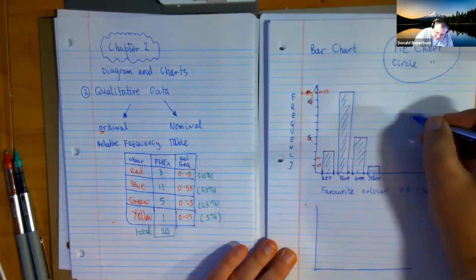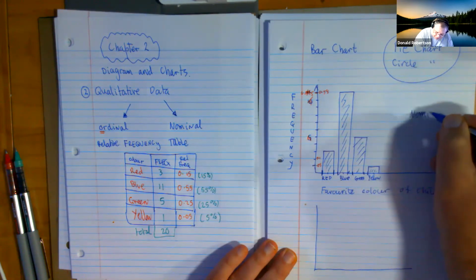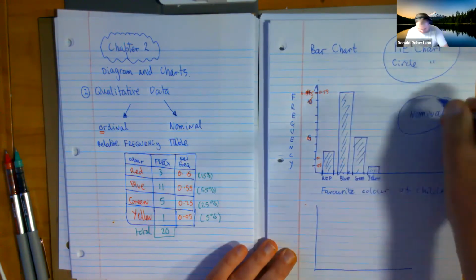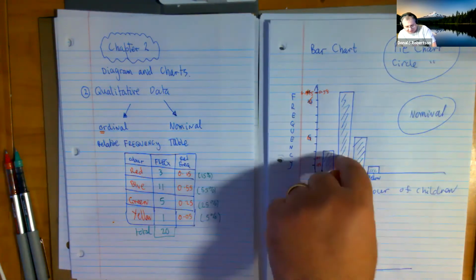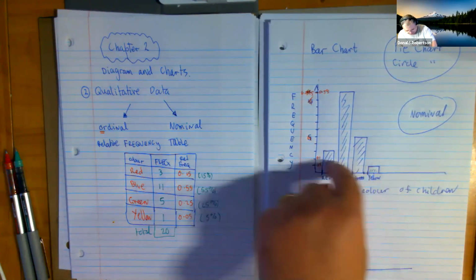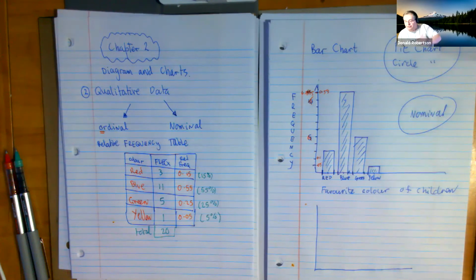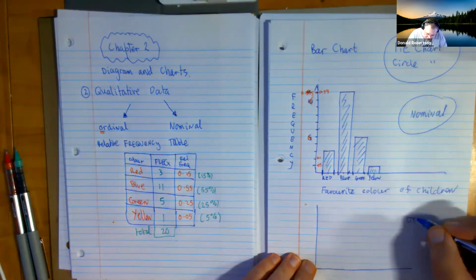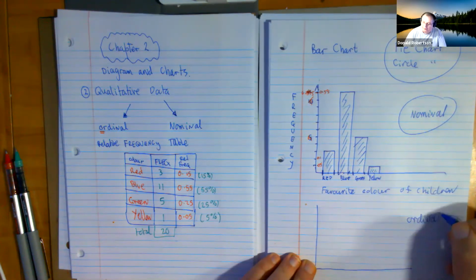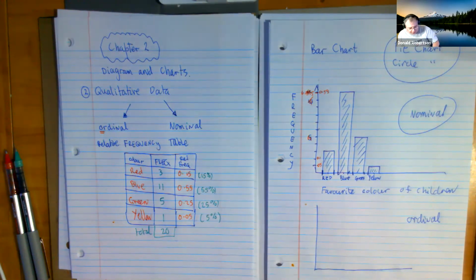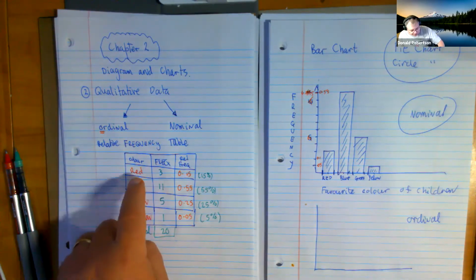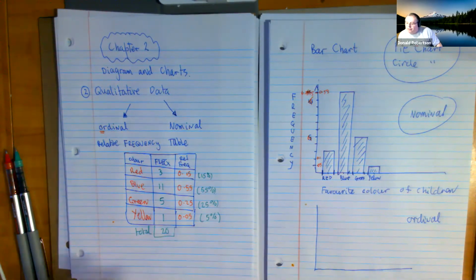If my data is nominal, can I basically rearrange the red, blue, green, yellow, in any order I like? And it's the same piece of information. But if the data is ordinal, shouldn't you choose your rectangles and arrange them in whatever that natural order was, right?